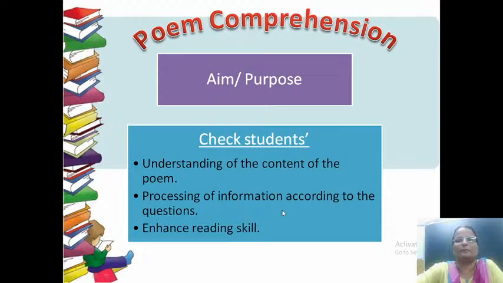That is another purpose why poem comprehension is an integral part of your language question paper. The third aspect is to enhance the reading skill of the students. These are the 3 aims or purposes of giving poem comprehension.